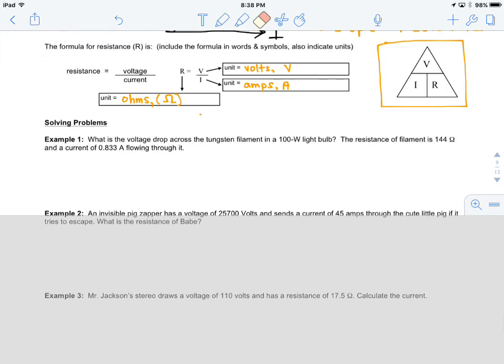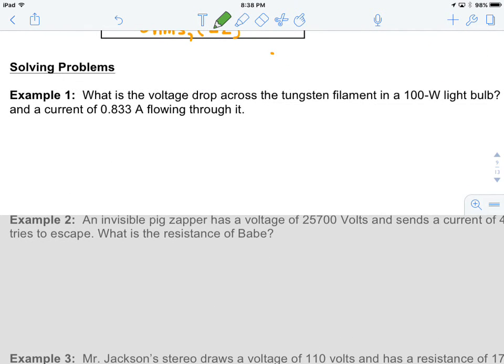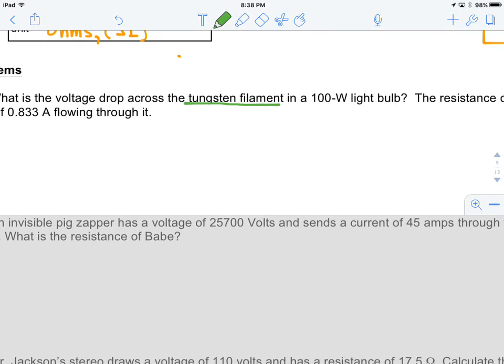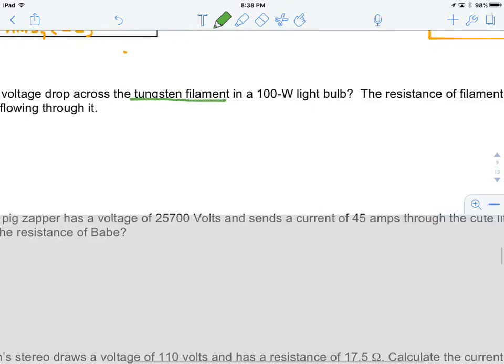And so now we've got a couple of problems that we're going to solve using our typical method. Let's just jump right into example number 1. What is the voltage drop across the tungsten filament in a 100-watt light bulb? What we're being asked for is the voltage that's being used, which we don't know, that's our unknown.